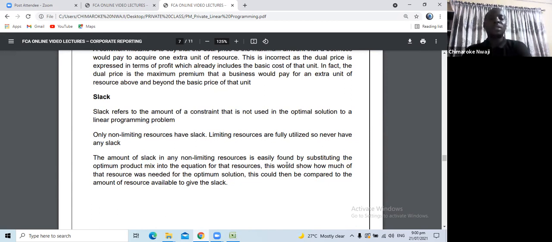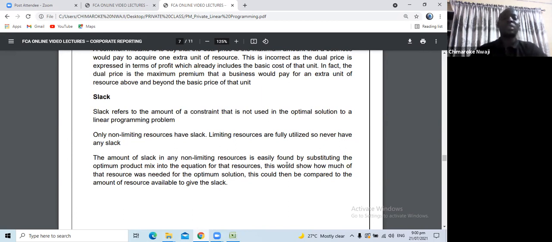Okay, so in linear programming, all our resources are vital, so we should not have slack. Anyone that has slack, it means it is not fully utilized and optimality was not achieved in that particular limiting factor. Only non-limiting resources have slack.